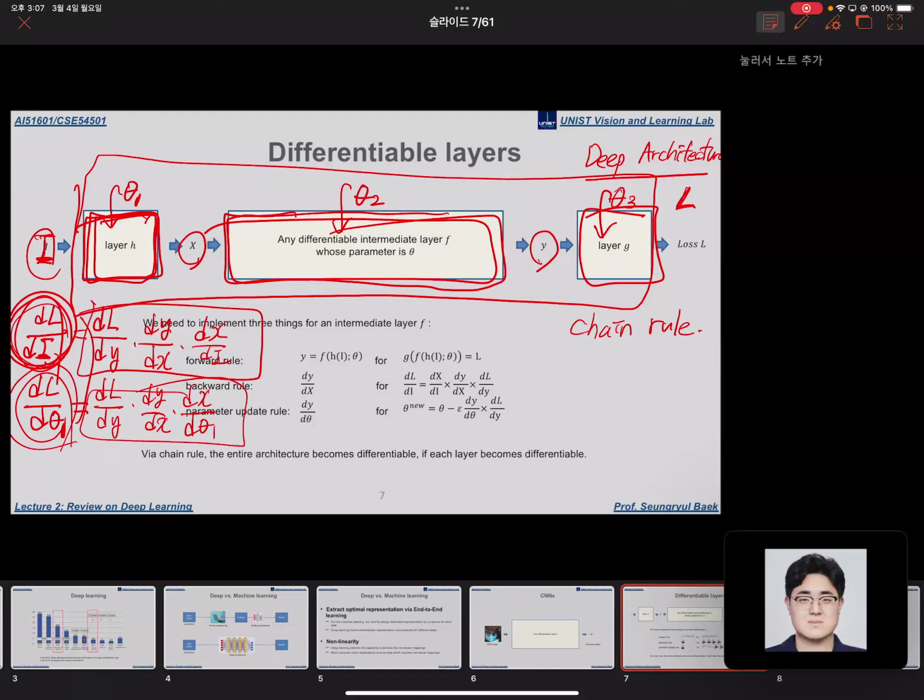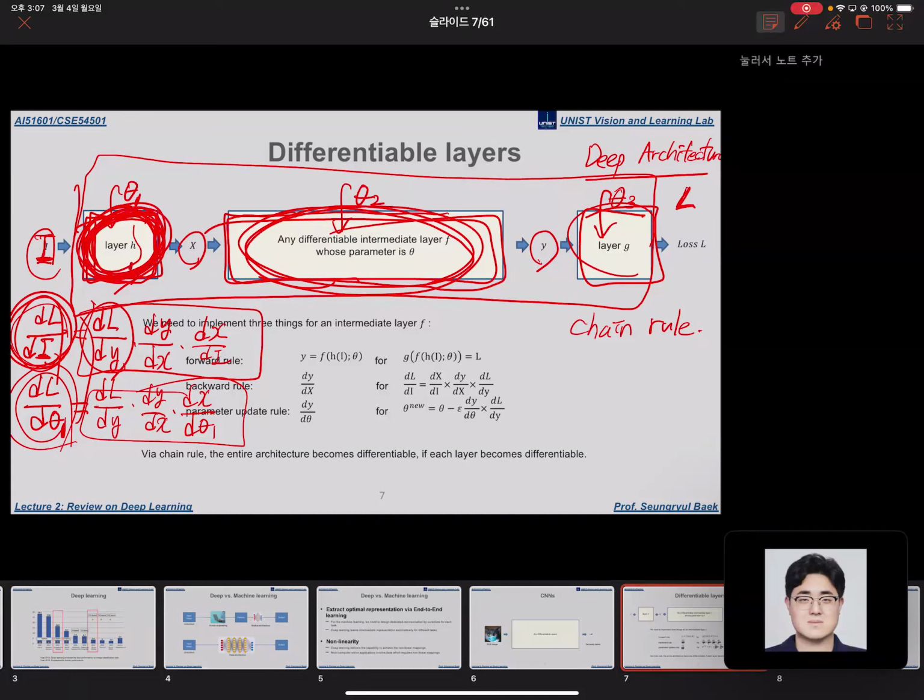This means that each individual layer that constitutes the entire differentiable network has to be differentiable with respect to its input and its parameters.